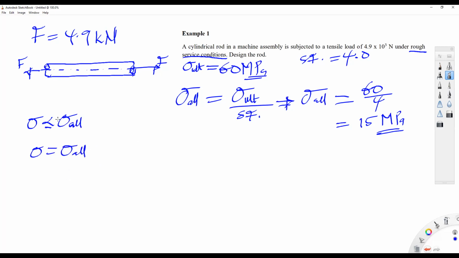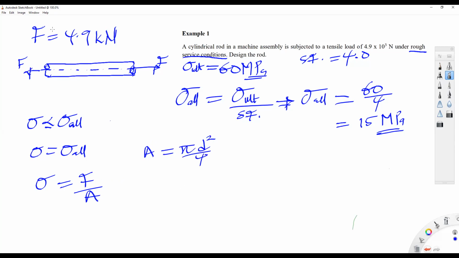And what is sigma? That is the stress in the material, and it is equal to F divided by the cross-sectional area. This is a rod, so the cross-sectional area is pi d square divided by 4. So A is equal to pi d square on 4.